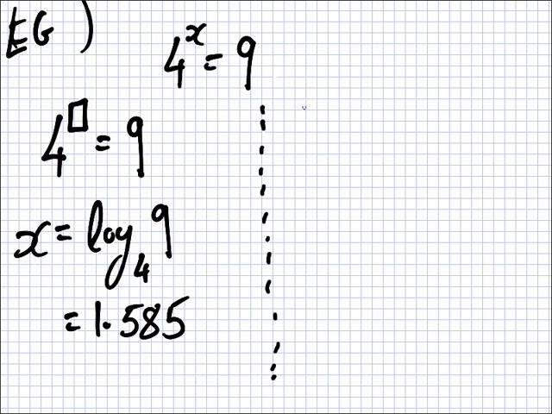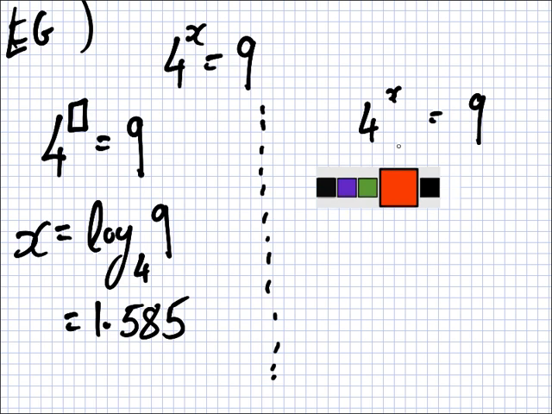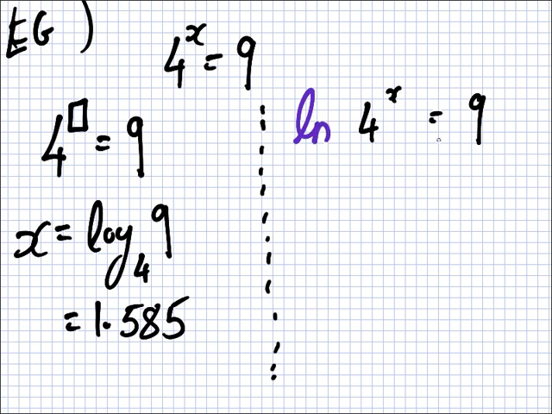The other way to do it is you have 4 to the x equals 9, and what you do, you put any log on both sides. All calculators have an ln button. Oh, it's frozen. Here we go.